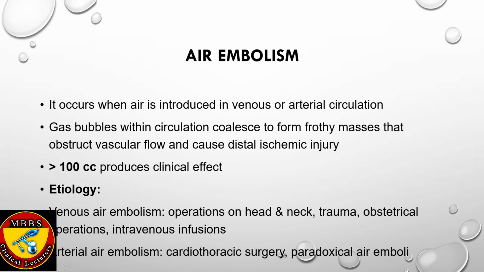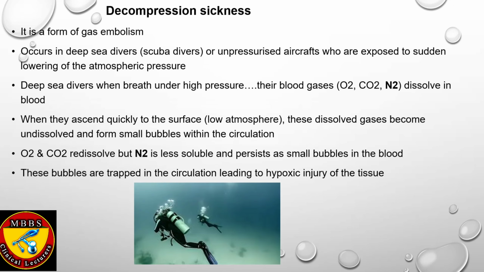These gas bubbles coalesce, join together and form frothy masses, which travel through the circulation, cause vascular flow obstruction, and finally lead to infarction. Venous air embolism could arise from operations on the head and neck, trauma, obstetrical complications, and intravenous infusions. Arterial air embolism could arise from cardiothoracic surgeries, or paradoxical air emboli could occur.